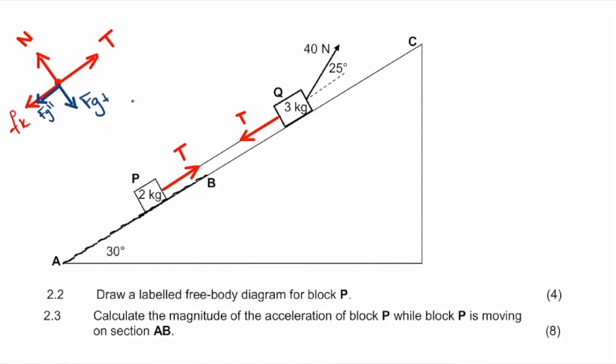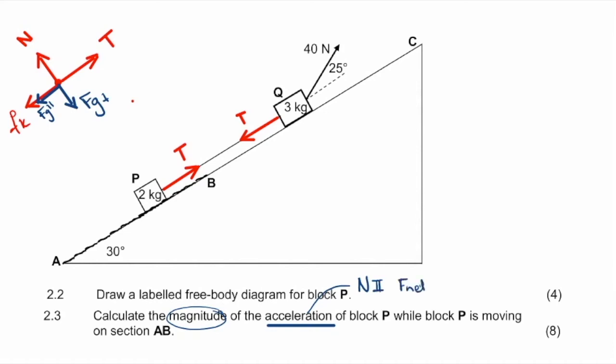And then in 2.3, they ask us to calculate the magnitude of the acceleration of block P while it is moving on the section AB. So we are looking for acceleration and we only need the magnitude. The moment that you see acceleration, that's going to tell you that we are working with Newton's second law, and then F net is not zero.